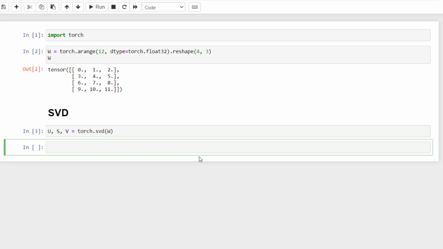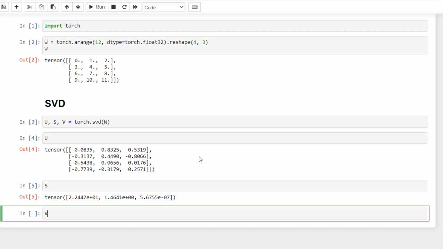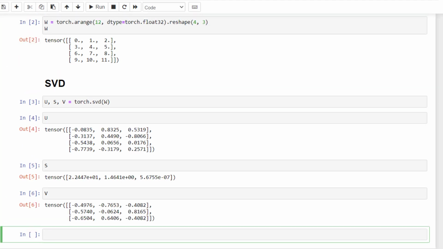And if I take a look at the U and sigma and V, we can see that because our W matrix is 4 by 3, we expect our matrix U to be 4 by 4, but it is actually 4 by 3.